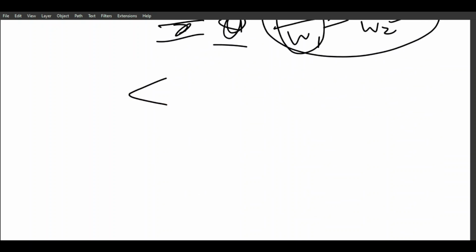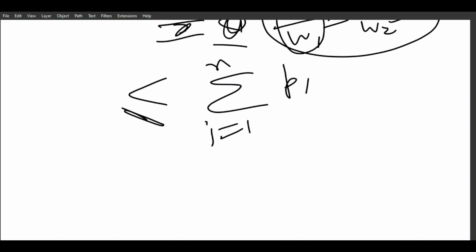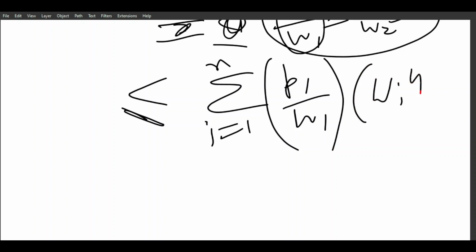Rewrite this as upper bounded by the sum over i is 1 to n of P1 by W1 times Wi.